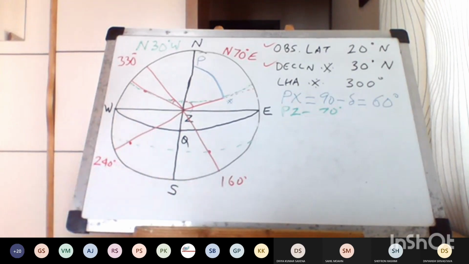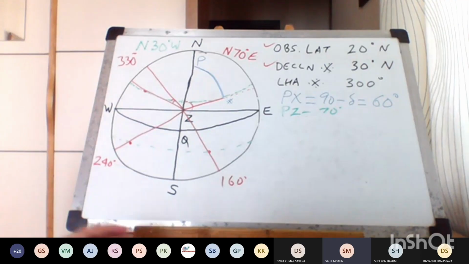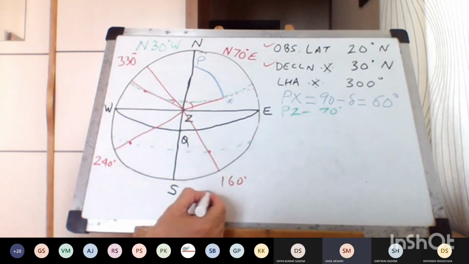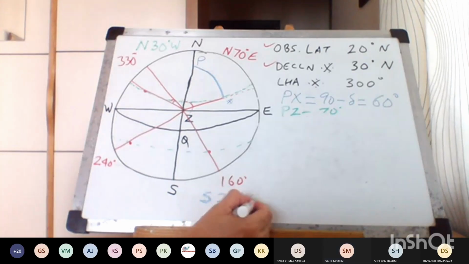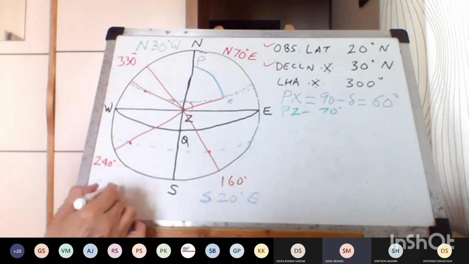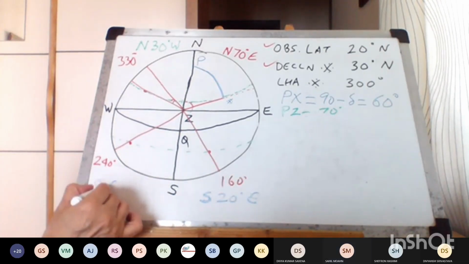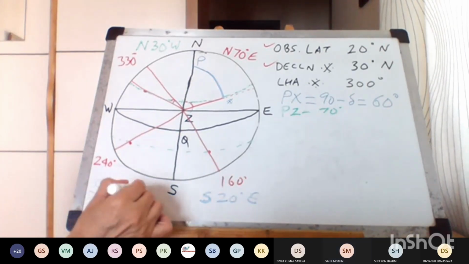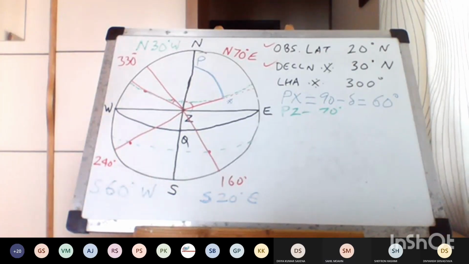What will be the azimuth of these bodies? So south 20 degree east and south 60 degree west. South 20 degrees east and south 60 degree west. 180 to 100, yeah. 60 degrees west.